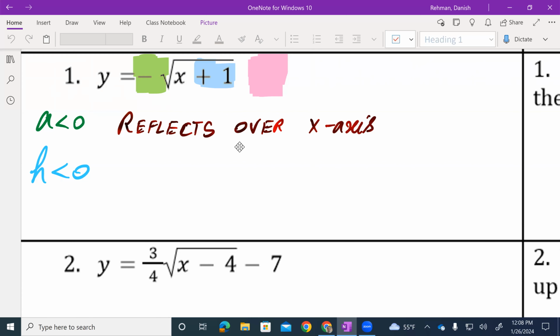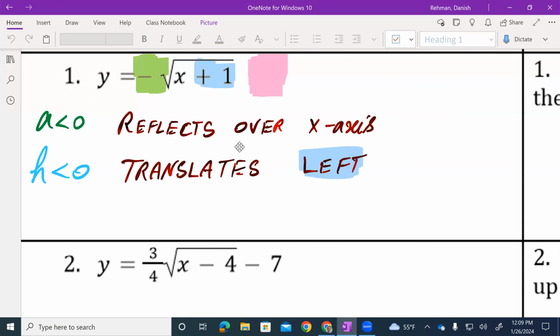This is your conclusion. Translates left. What are you claiming? You're saying it's translating to the left side based on the blue highlight. It translates to the left side by 1 unit. That's what we are saying.